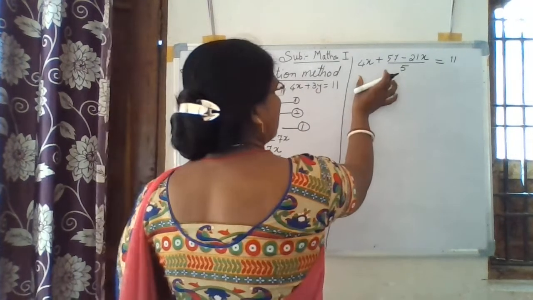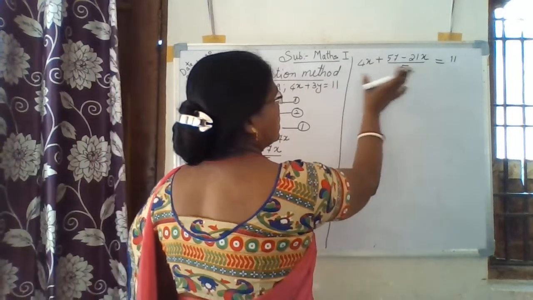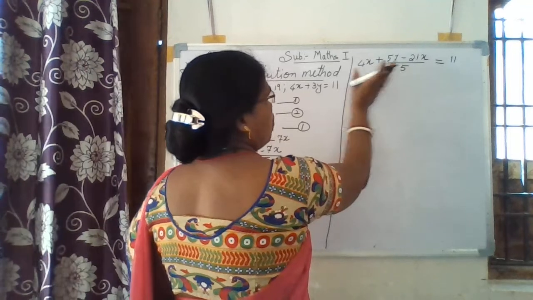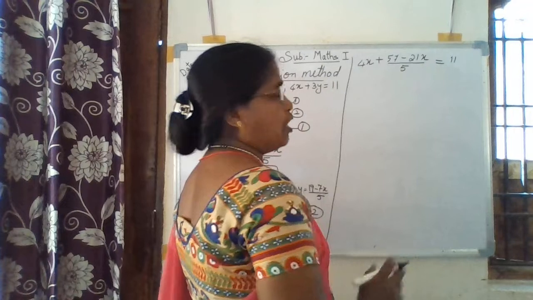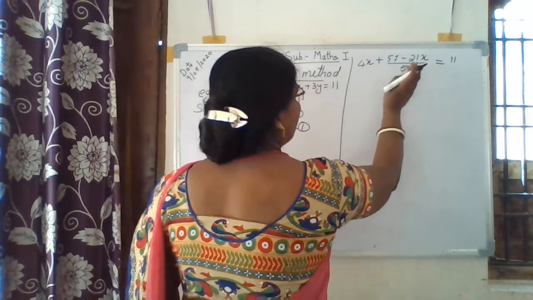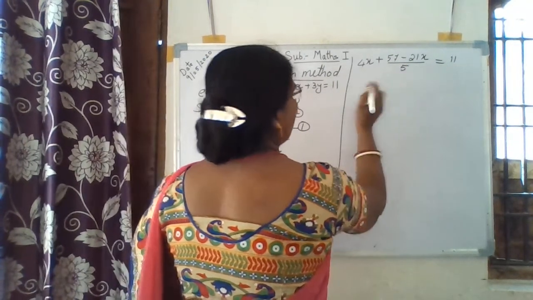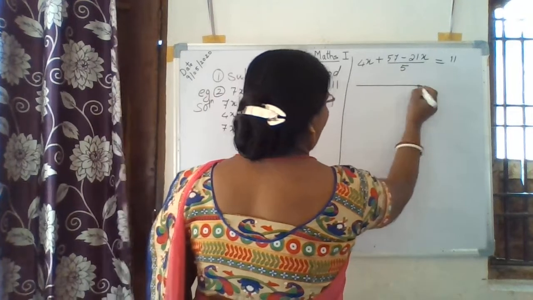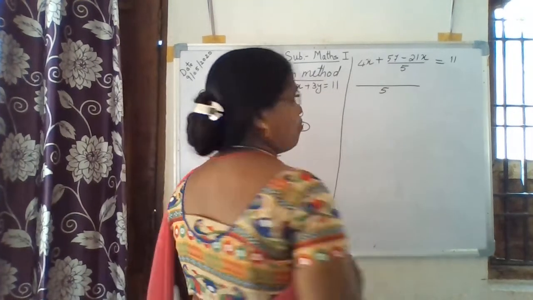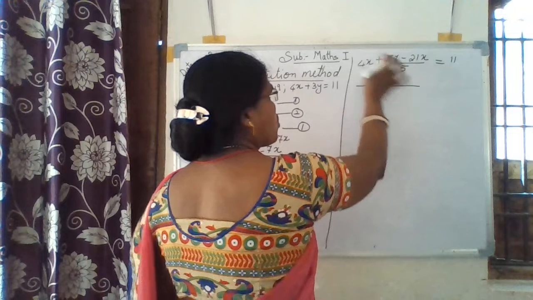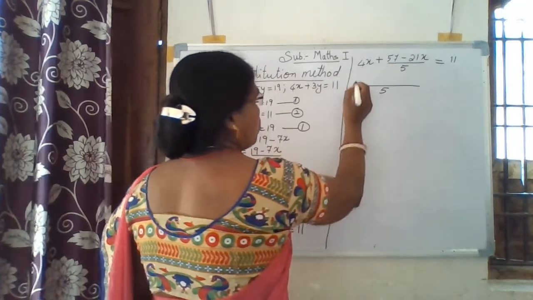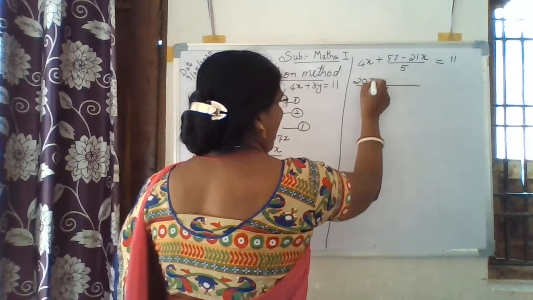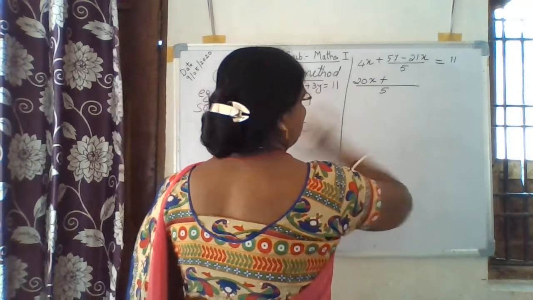Now you can see in this equation there are two terms. This 4x, then this whole thing is the second term. So when the denominator here is 5, we have to find out the LCM, that will be 5 only. Now do cross multiplication of this. So it will be 5 4s are 20x plus.